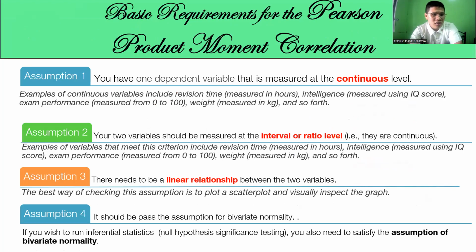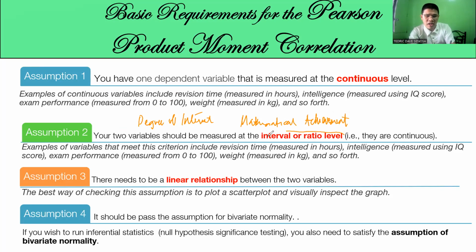There are 4 assumptions. Assumption 1 is just the same as a while ago. Your two variables should be measured at the interval or ratio level. So our variables are degree of interest and mathematical achievement. Both of these should be at the ratio level.